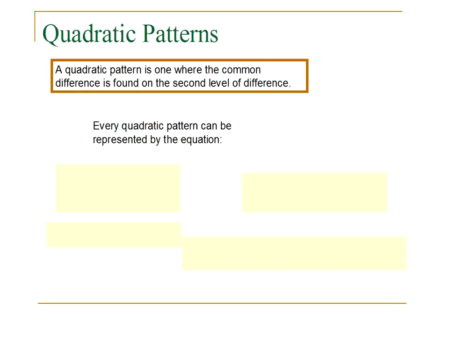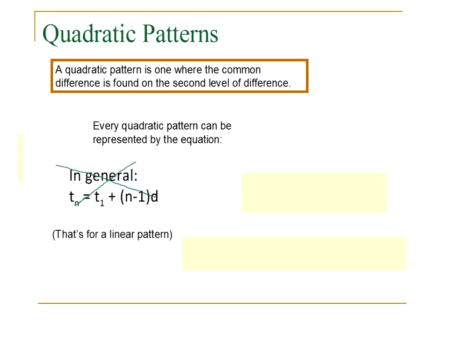And so what we see here is that every quadratic pattern can be represented by the equation. Well, wait a second, that's not what we have, because that's for a linear pattern. We can't use that now. The common difference wasn't on the first level of difference. So what we have here is Tn equals an squared plus bn plus c.